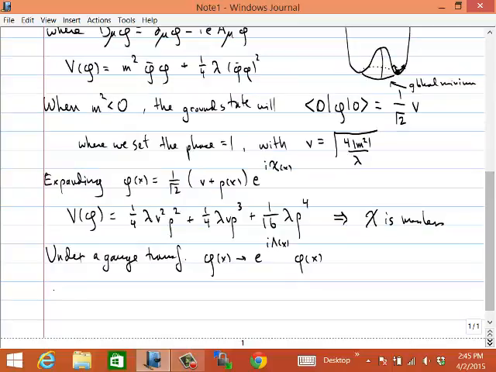So what we could do then is choose a gauge where chi is equal to 0 for all x. So if you found some solution with a particular value of chi, then you could always make a gauge transformation in order to set chi equal to 0. Okay. So you could choose a gauge where phi is always real.